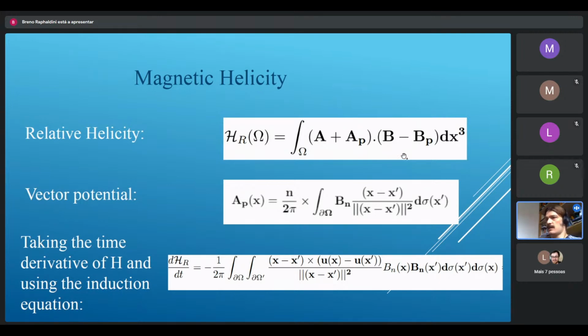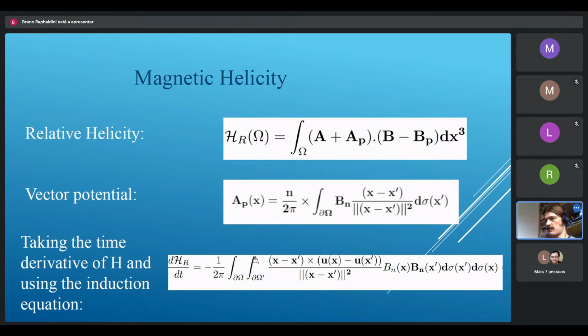In order to calculate the relative helicity, we can take the time derivative of this expression and calculate the fluxes of helicity through a surface in the solar photosphere through which the magnetic field emerges.